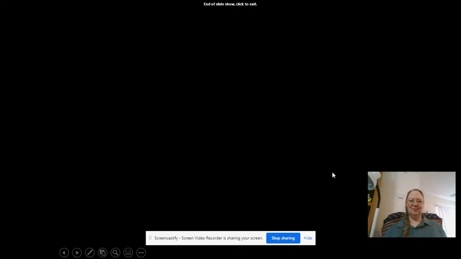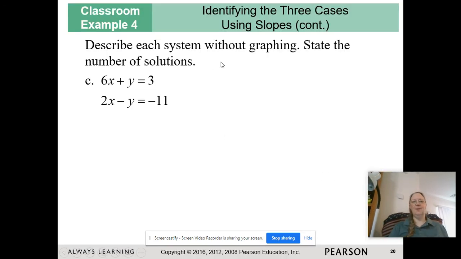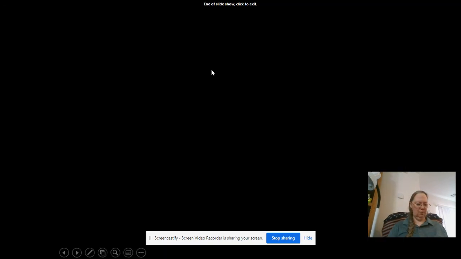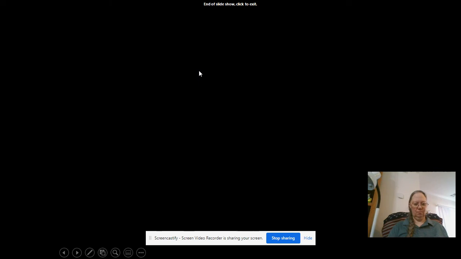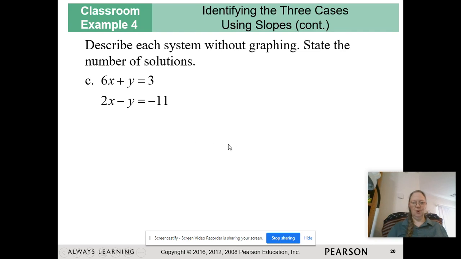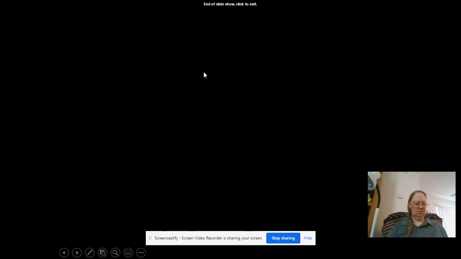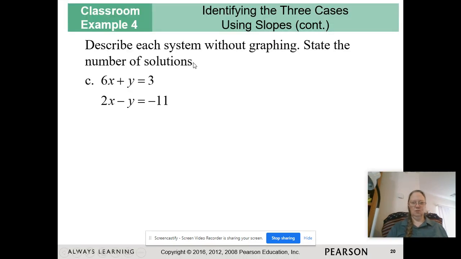And one more example. All right, so last example. Oops. Come on. My marker isn't working. There we go. So we're going to subtract 6x.